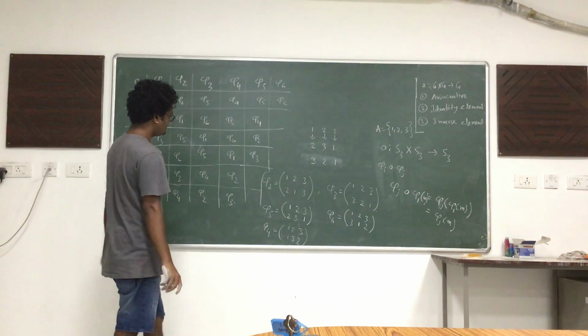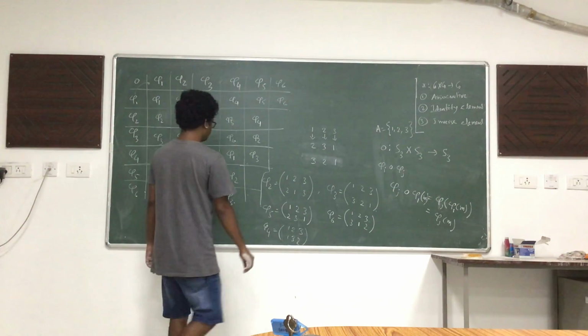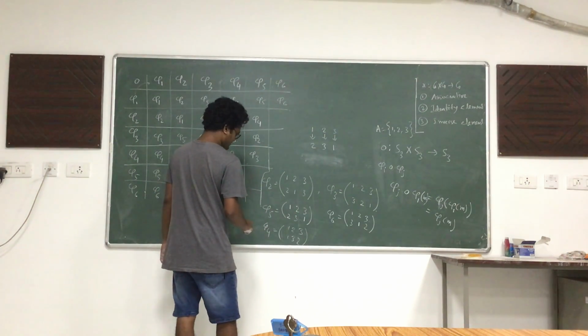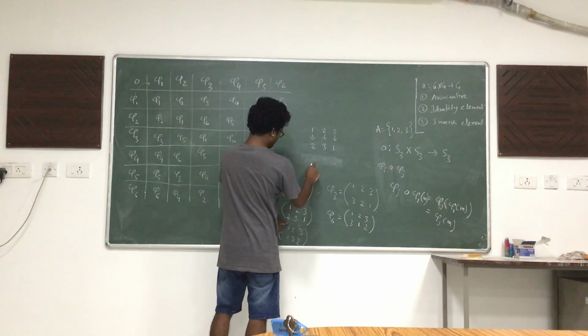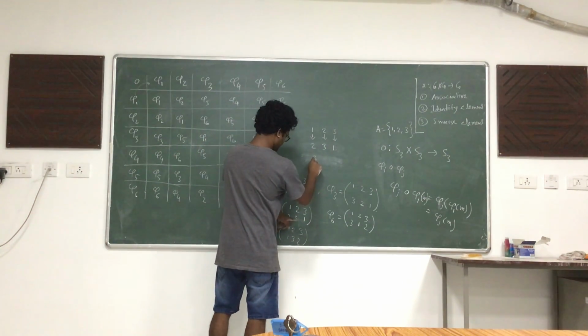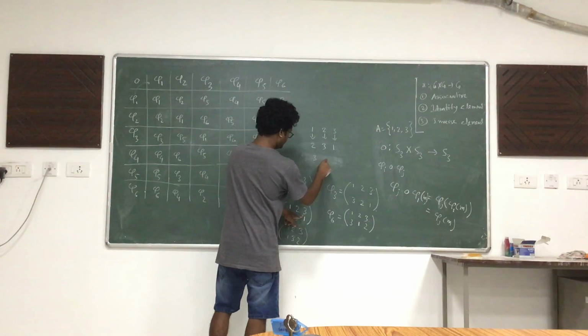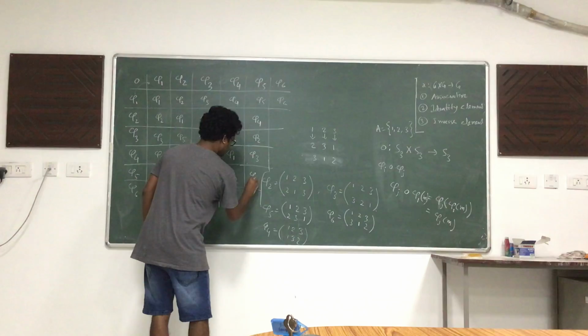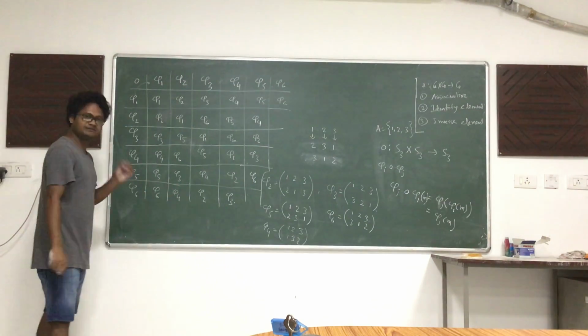And then what else? Phi 5, phi 5. Is that identity? No, it should not be. Phi 6. 2 goes to 3, 3 goes to 1, 1 goes to 2, 3 1 2. It's phi 6. Now we have an exception.